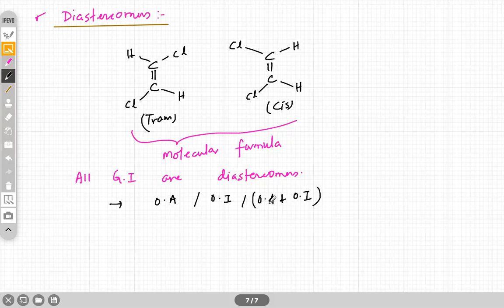Next one, diastereomers have different physical properties, and they can be separated by physical methods like fractional distillation.